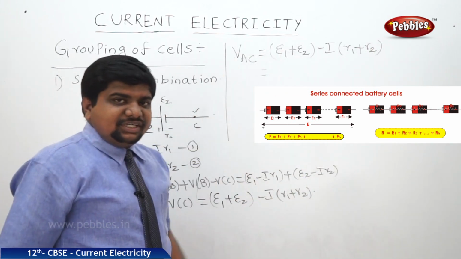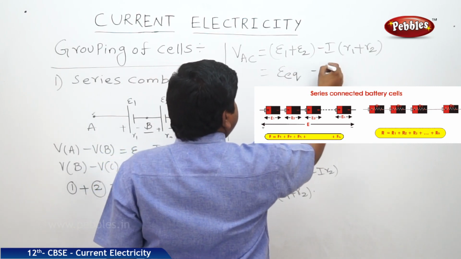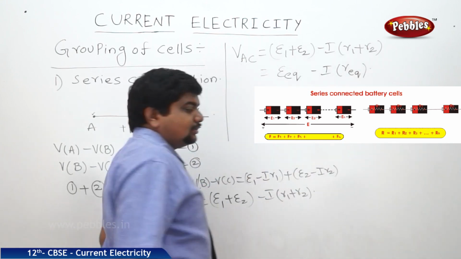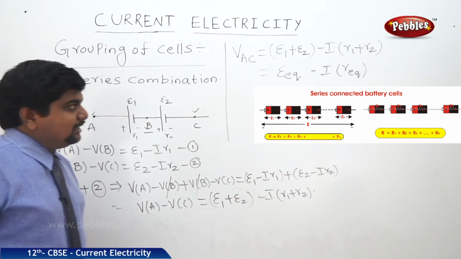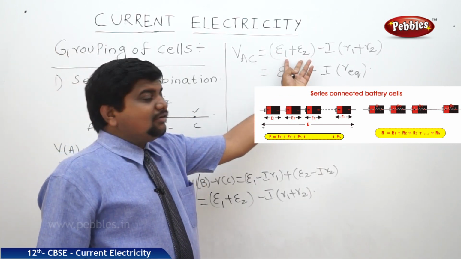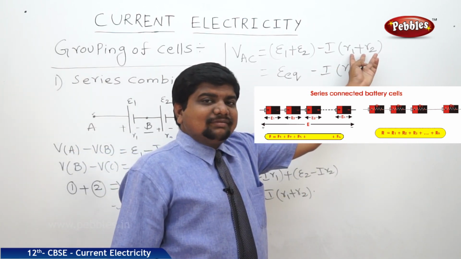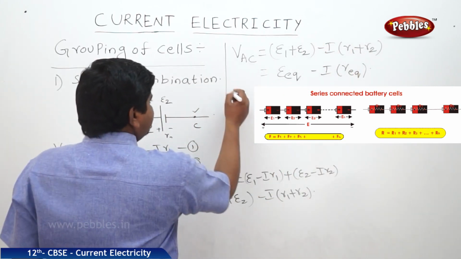May I write E1 plus E2 as E equivalent and R1 plus R2 as R equivalent: E equivalent minus I into R equivalent. So when two cells are combined in series, their equivalent EMF will become the sum of individual EMFs, and their equivalent internal resistance will become the sum of individual internal resistances.